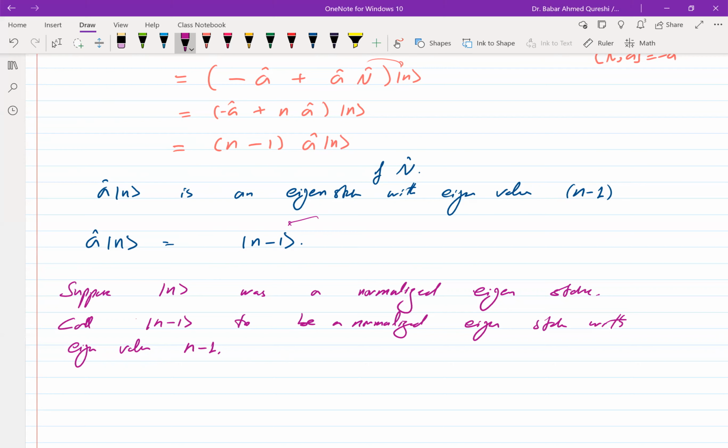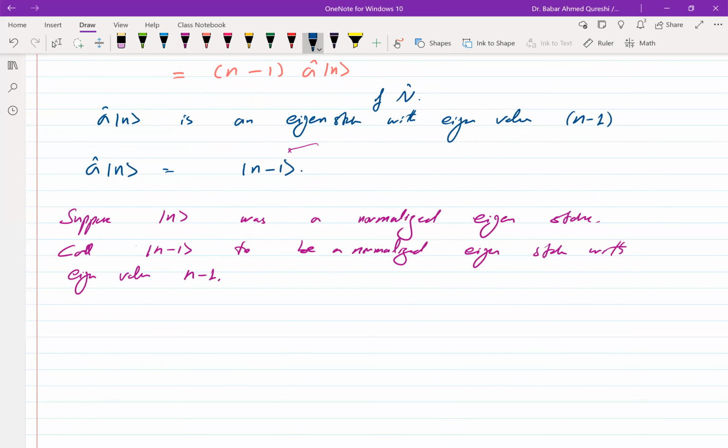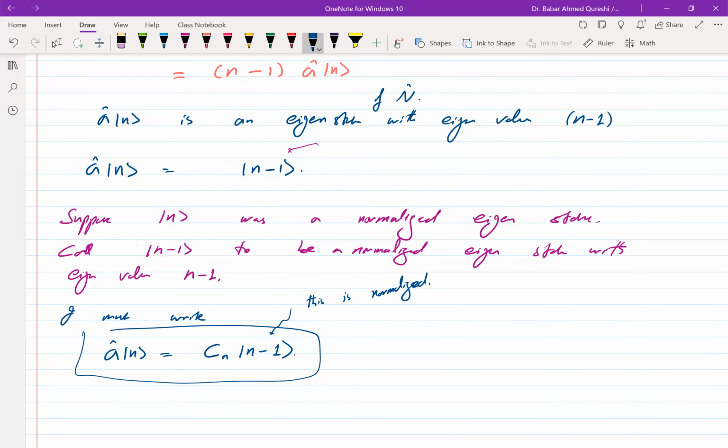So I have no guarantee that this state which I get by acting with a hat is a normalized eigenstate. Then I must write that there's a possibility that there will be some constant involved, where this is normalized. So let me know if there is some confusion about it.